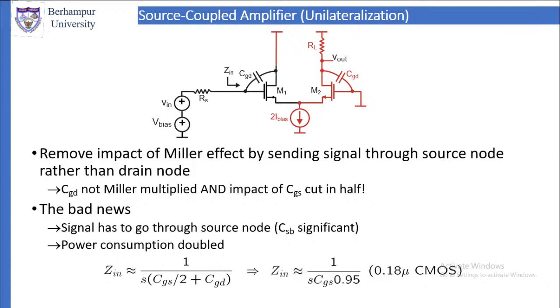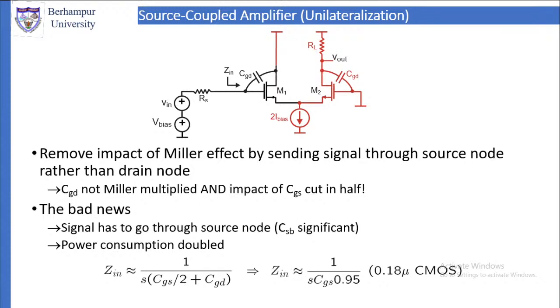So this is how, using unilateralization, using source with source coupling, we can eliminate the impact of the Miller effect to a large extent without affecting the gain.